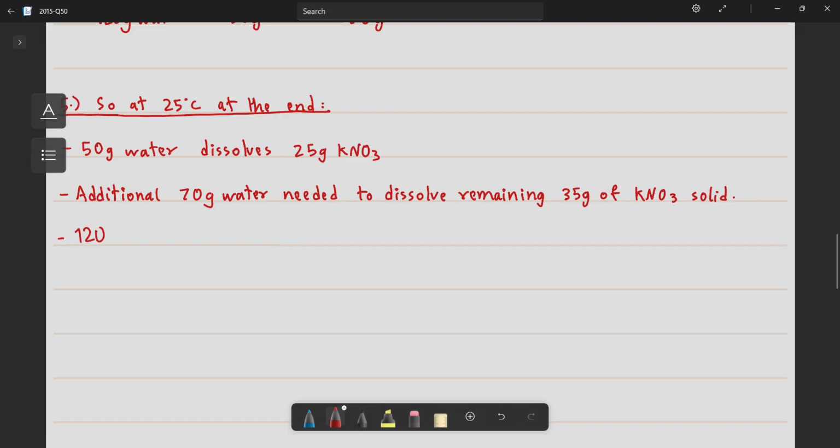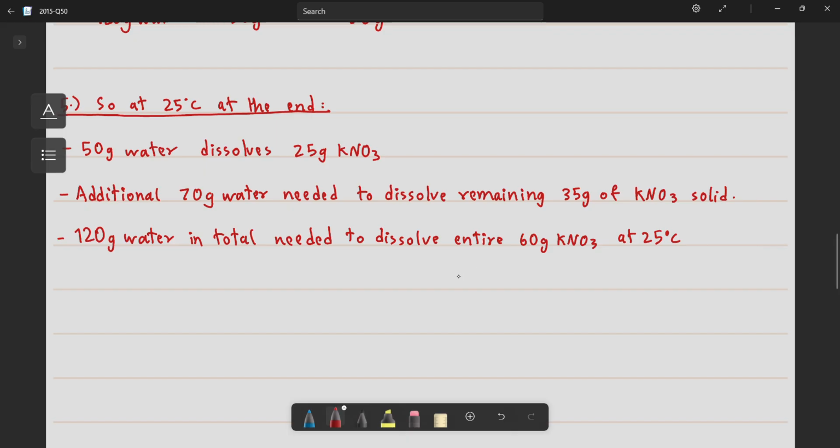So 120 gram water in total is needed to dissolve the entire 60 gram of potassium nitrate at 25 degrees Celsius.